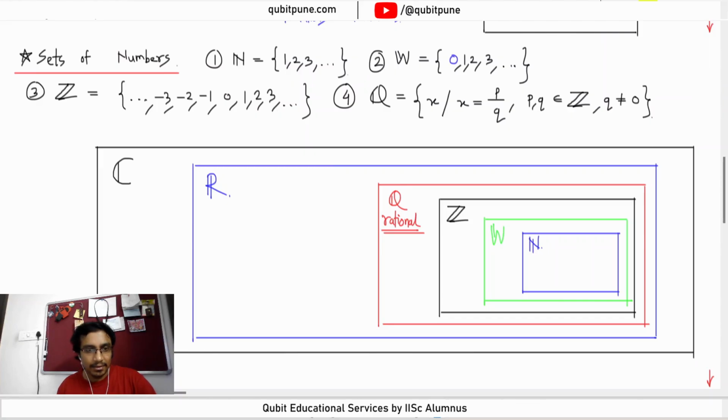Okay, rational, we have real. So can any one of you tell me how can we define irrational numbers? Any idea?